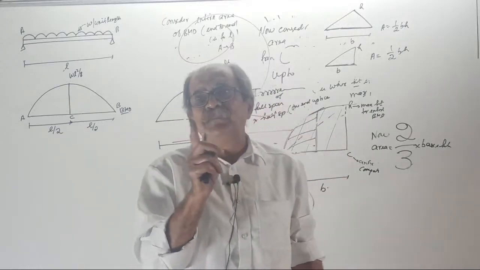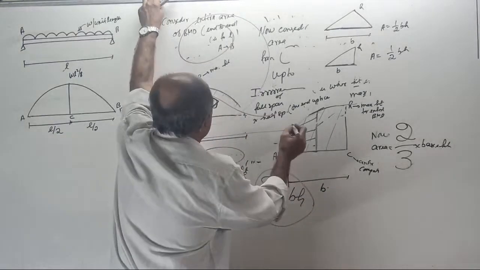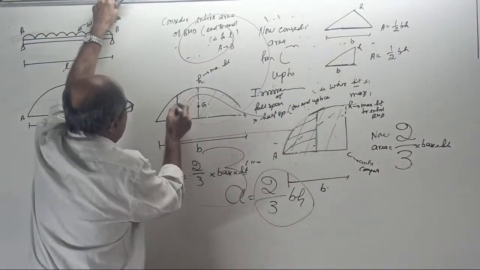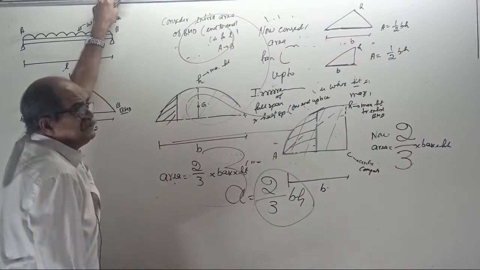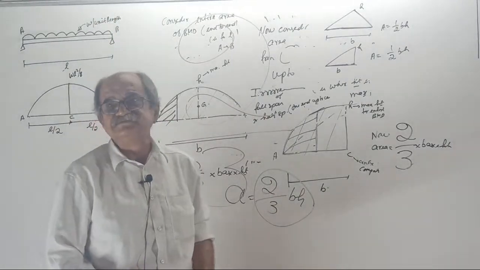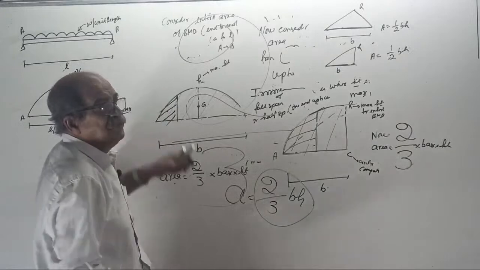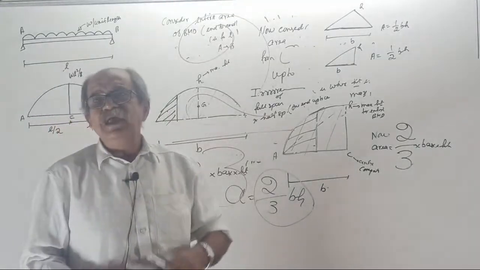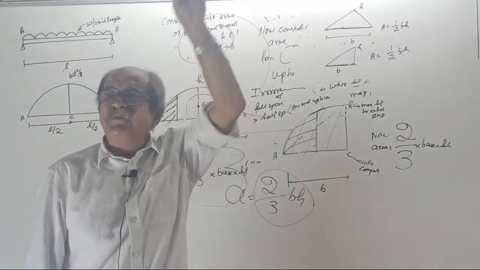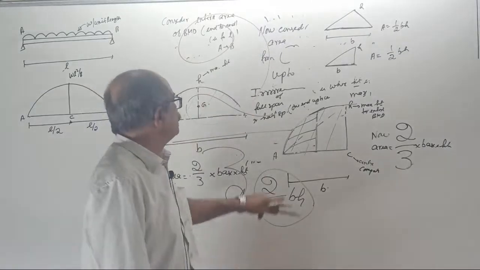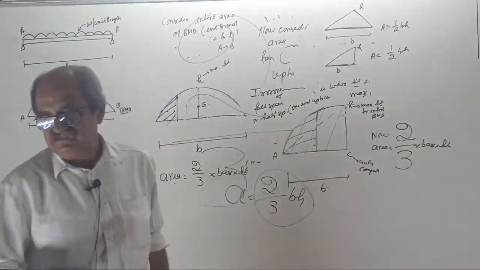Should not stop in between. You cannot consider this much area and say 2/3 base into height. This is nonsense. Make a note. Anyway, in the YouTube class, I will go into further detail, because I will prove there it is wrong.